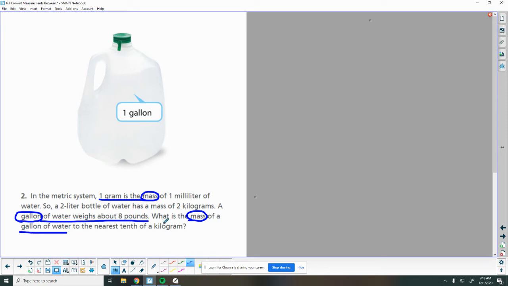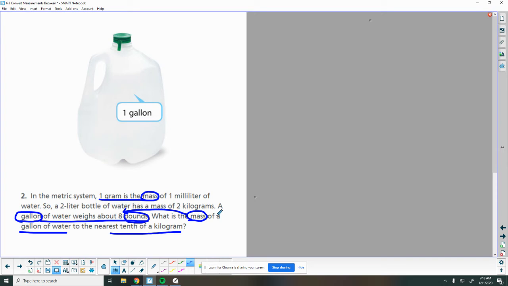So this is where it kind of gets tricky. We're talking about gallons of water, but we're talking about the weight of a gallon of water, which we know is 8 pounds. So it sounds like we're comparing pounds and changing it to kilograms.